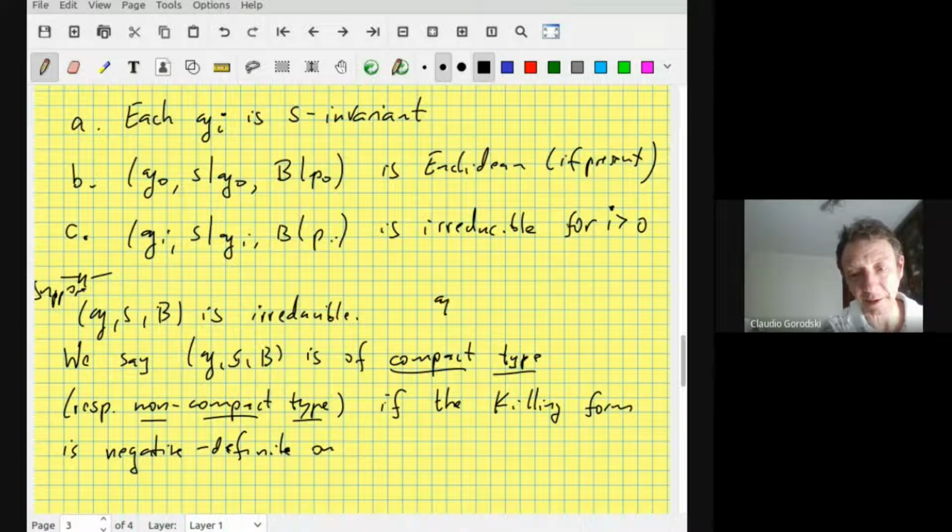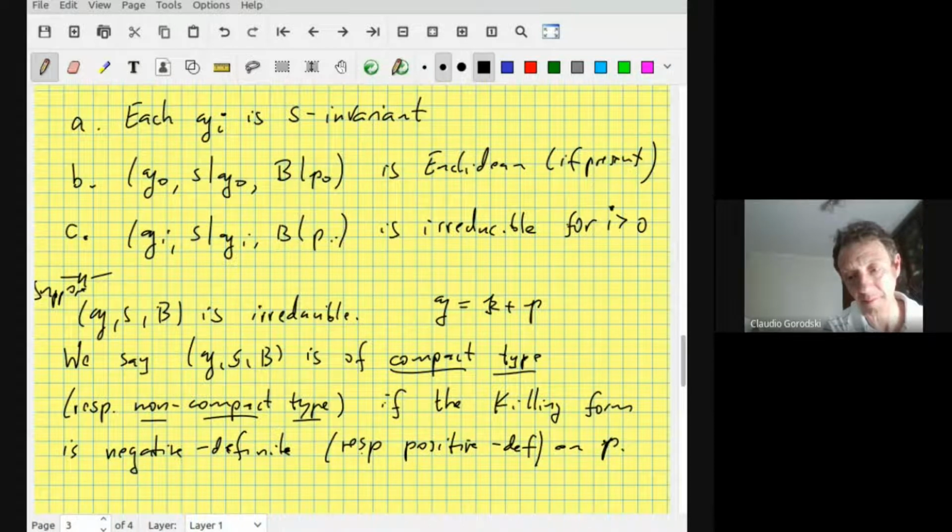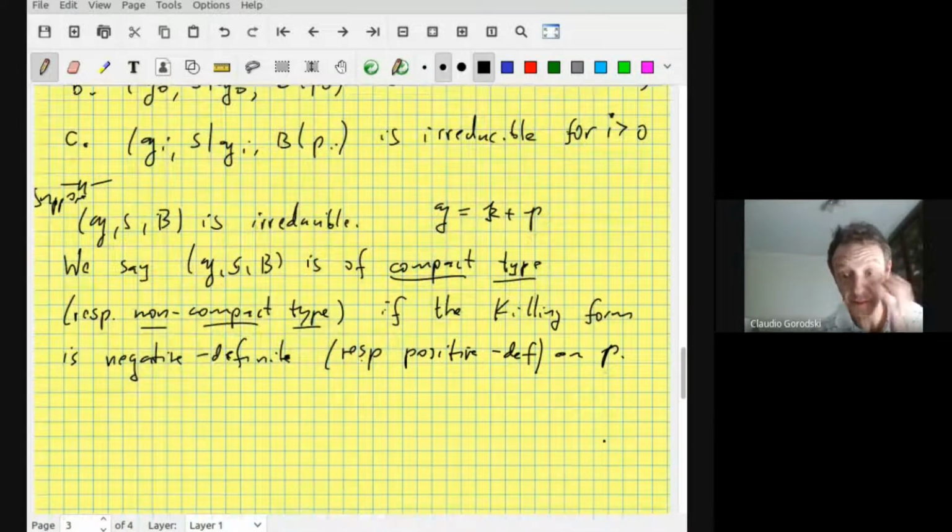So we write G as K plus P, right? It is negative definite on P. Respectively, positive definite.